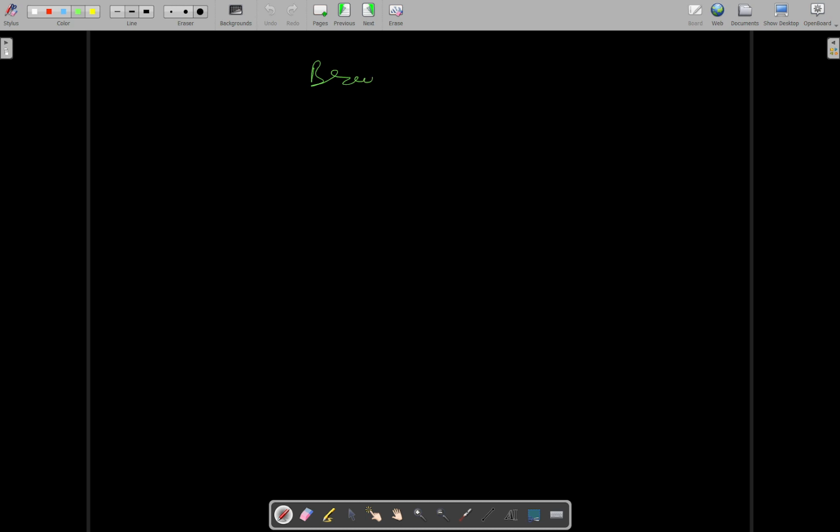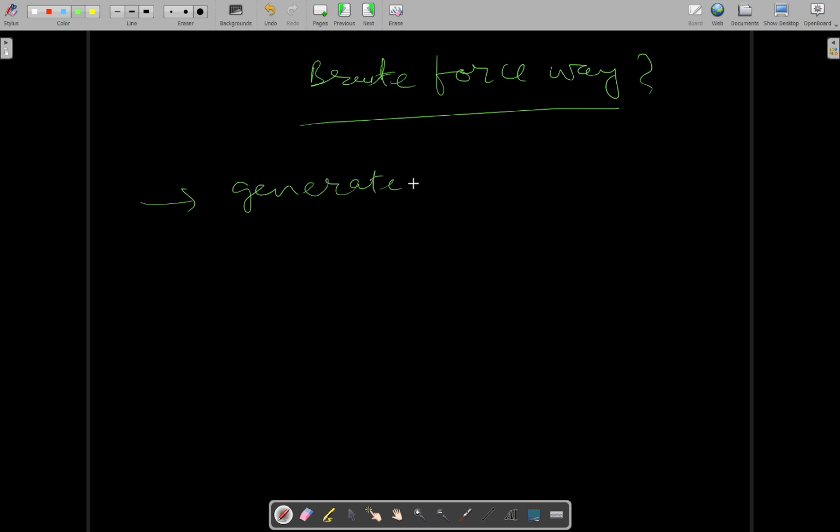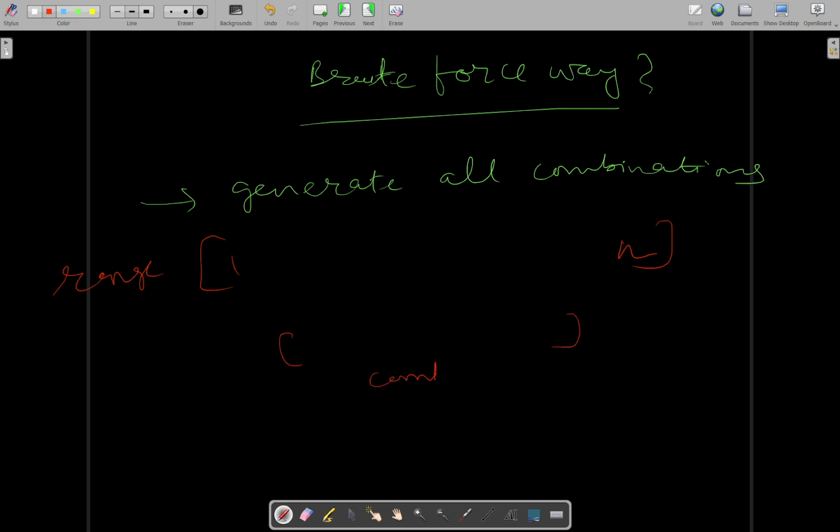What will be the brute force way? When you will be generating all the combinations, let's say this is the given range 1 to n, and this is the final k-digit combination that you have to make from this range.